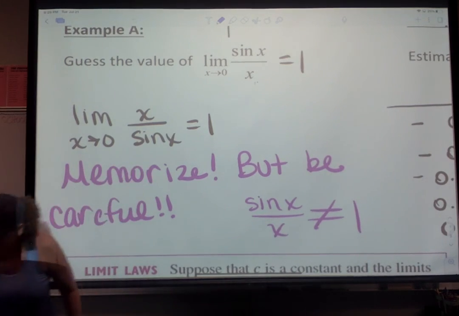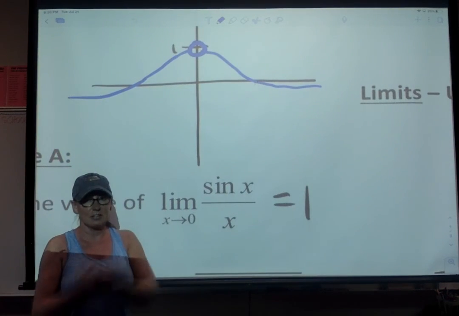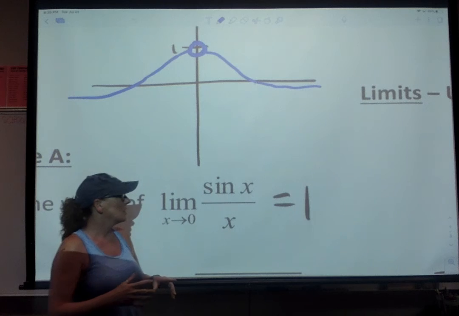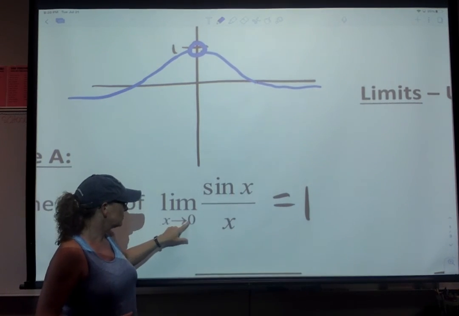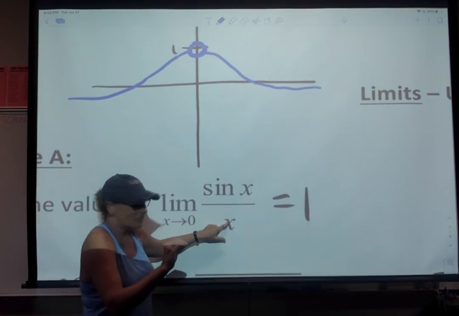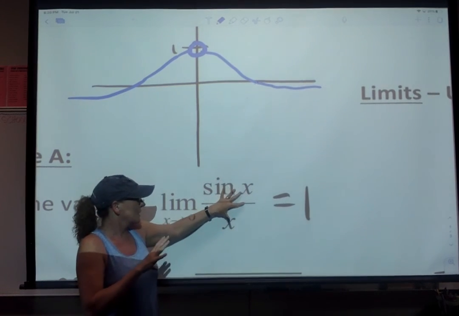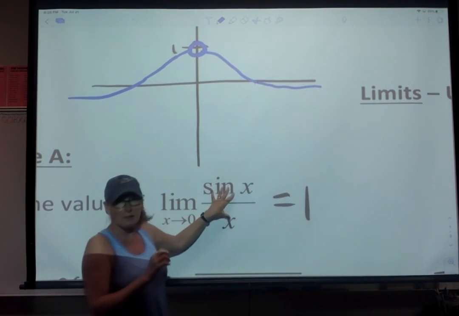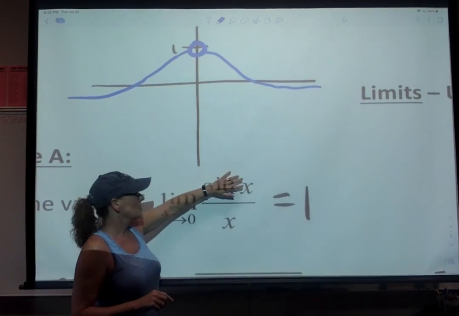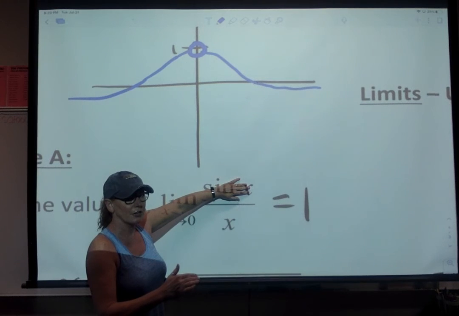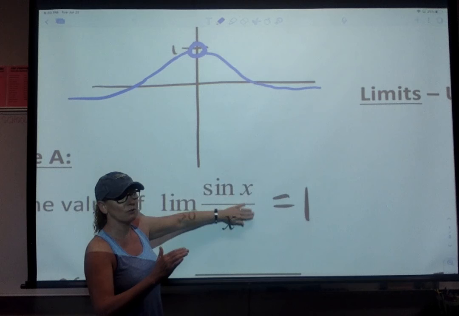Also, think about this for a second. I hope you think this is kind of cool. Do you know why this fraction, as x gets closer and closer to 0, so as these numbers get tiny, and we do our sine function on it, gets closer and closer to 1? It's because the value of the numerator gets super close to the value of the denominator.